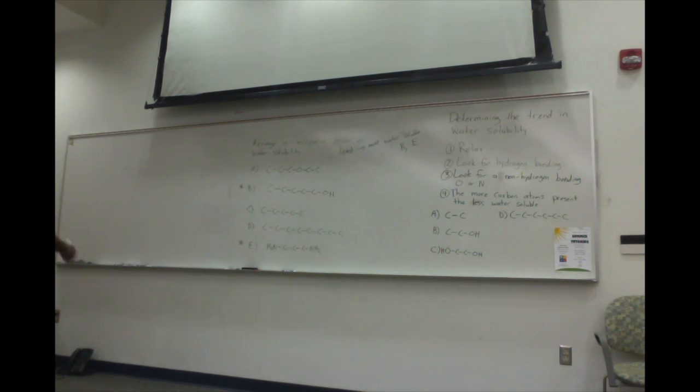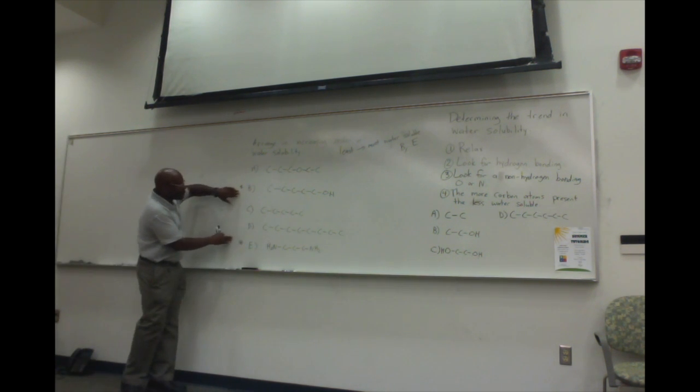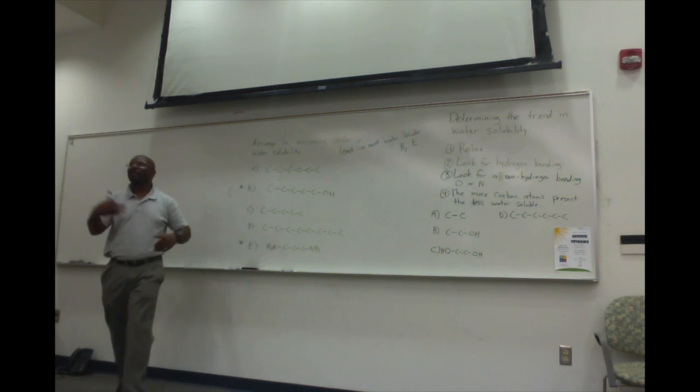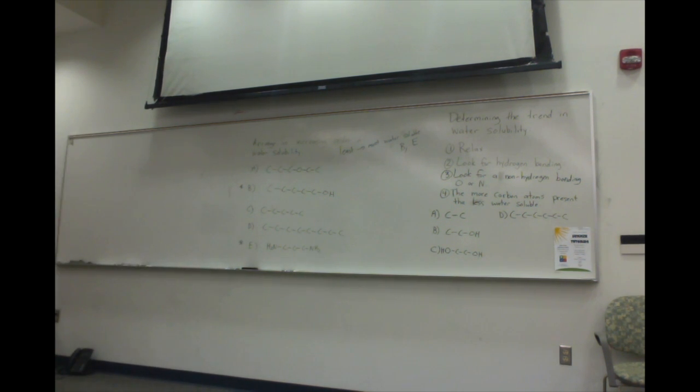It can't be the most one second, and then the next time we ask, be the least. We said B and E are the most water soluble. So now we're trying to figure out, between the set remaining, which one would be the least. It would be D, the one with the most carbon.